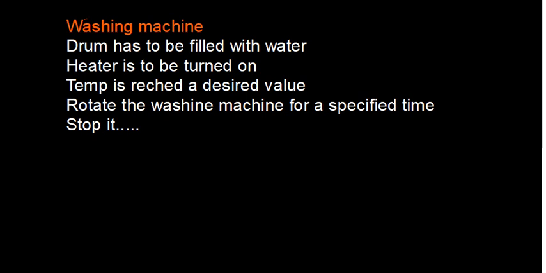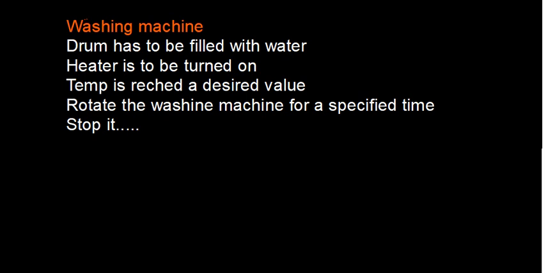You have got a washing machine, you have to fill the drum with the required level of water. Once it is filled, you have to turn on the heater. Once the temperature has reached the desired value, then you start rotating the washing machine till the required time is over. Then you stop it. This is your problem statement here.